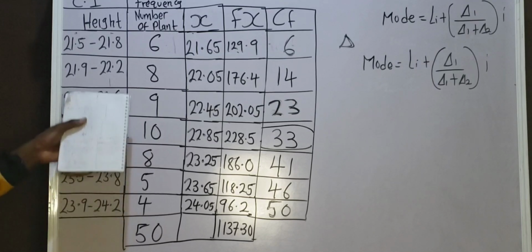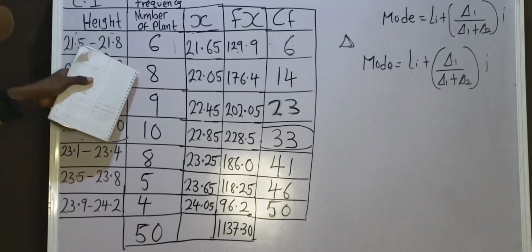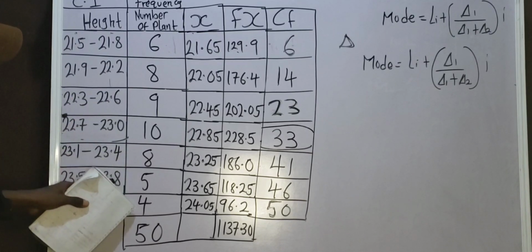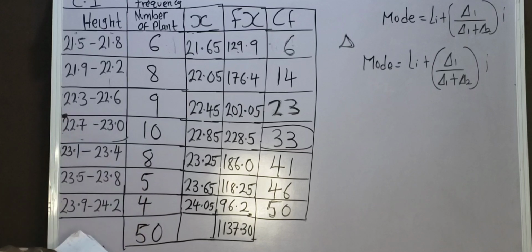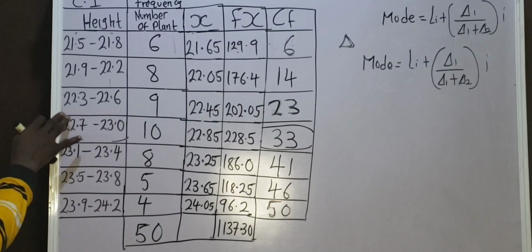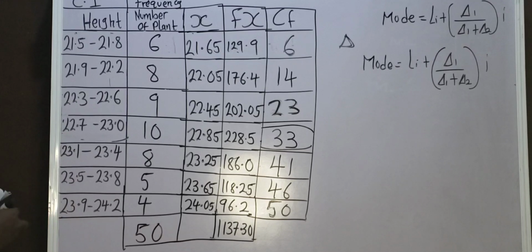So let us check. The frequencies here are 6, 8, 9, 10, 8, 5, and 4. Which of these frequencies is highest? It is 10. So this is the modal class.